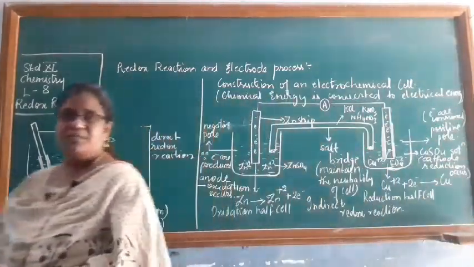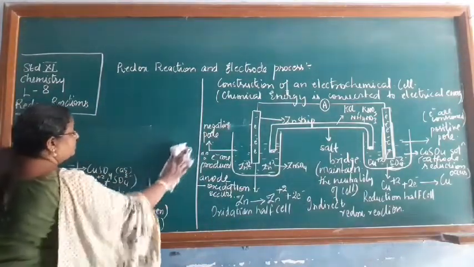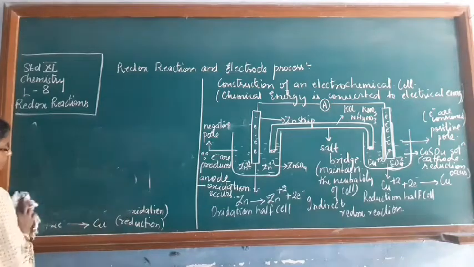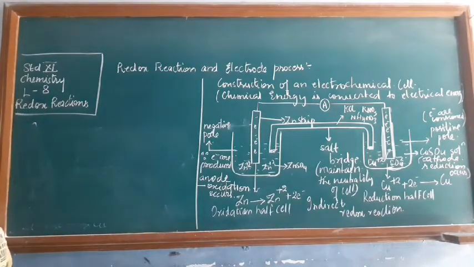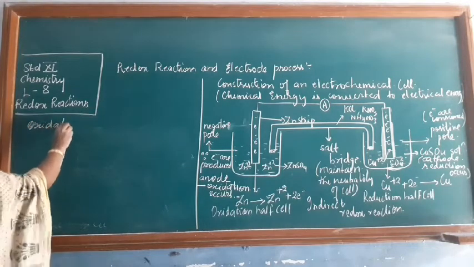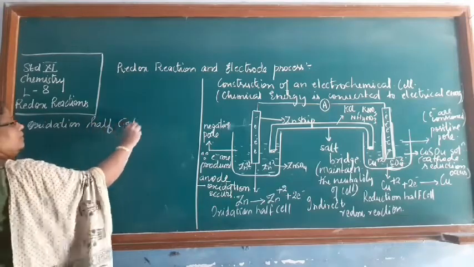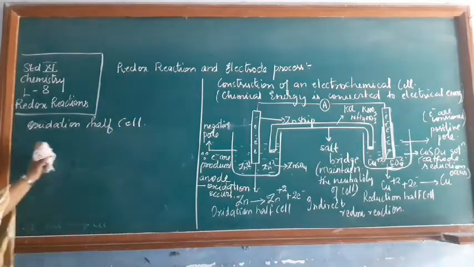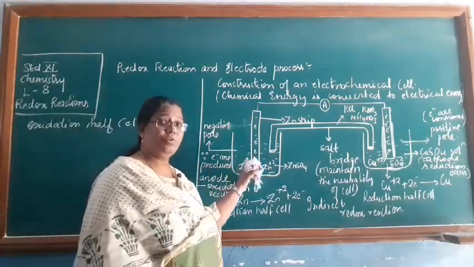I hope this is a very simple thing, you can understand it. So oxidation half cell, let me write that first. The representation of the oxidation half cell, we also call these electrodes.